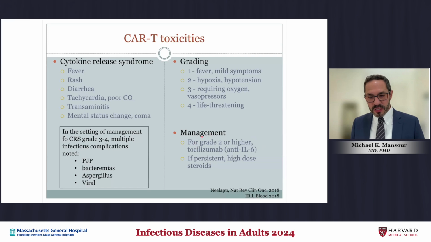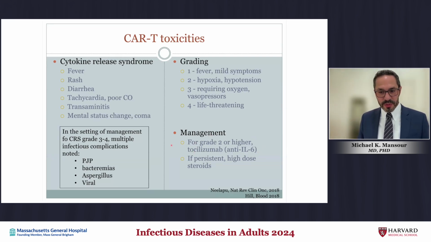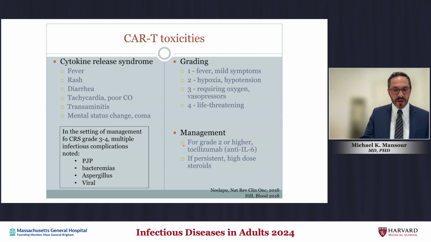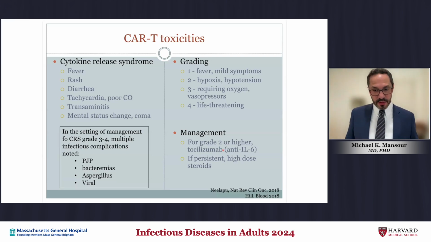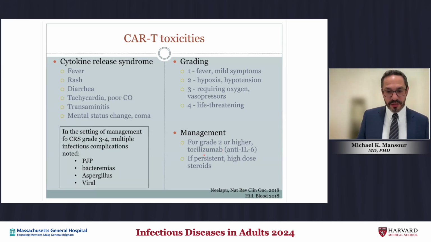And then there were studies performed that looked at proteomic analysis of patients' plasma, and it turns out that interleukin-6 is one of the main dominant cytokines produced by CAR T cells in the setting of CRS. And so tocilizumab, which is an IL-6 receptor blocker, became the mainstay of managing CRS. And so now it's really providing tocilizumab to block IL-6.